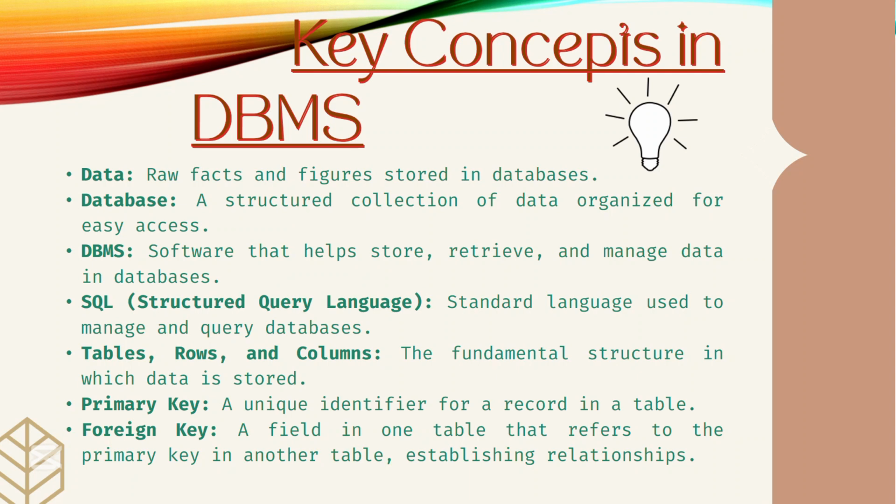We all know the purpose of a primary key. It's to avoid redundancy in databases. Foreign key, a field in one table that refers to the primary key in another table. You'll encounter this while establishing relationships under database design and architecture.